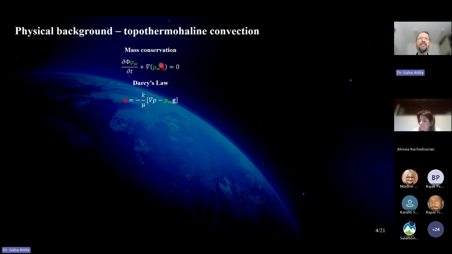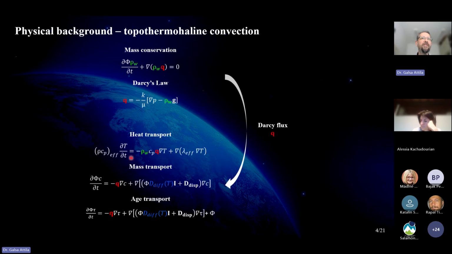So the Darcy flux, which is denoted by q, can be calculated from solving the mass conservation and Darcy's law, and the Darcy flux influences the temperature, the solute concentration, and the water age through the advection terms of the heat transport, the mass transport, and the age transport equations.